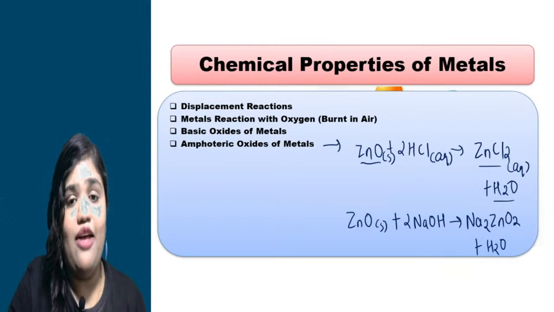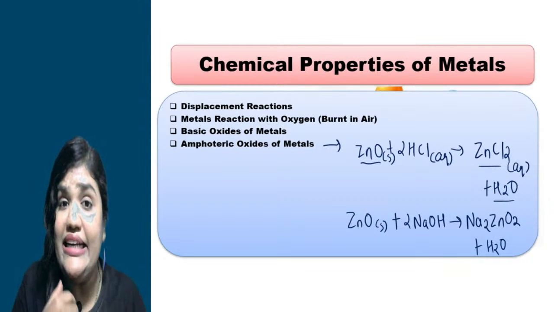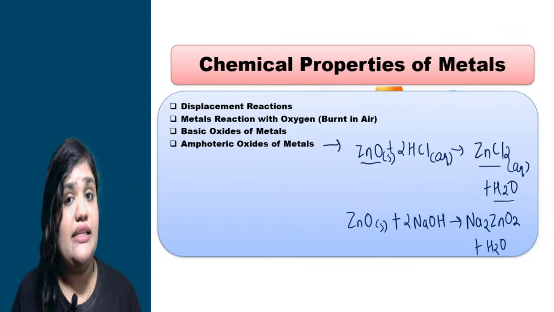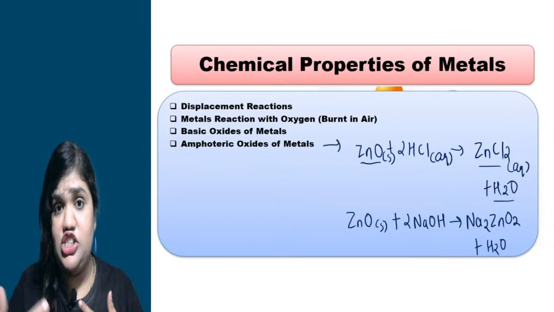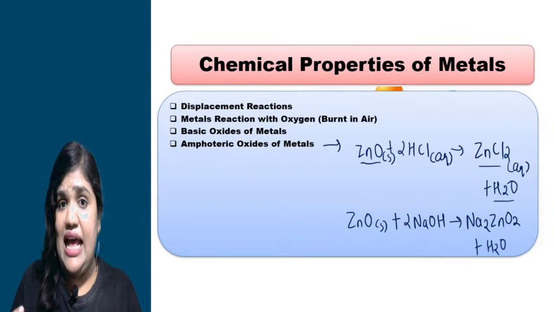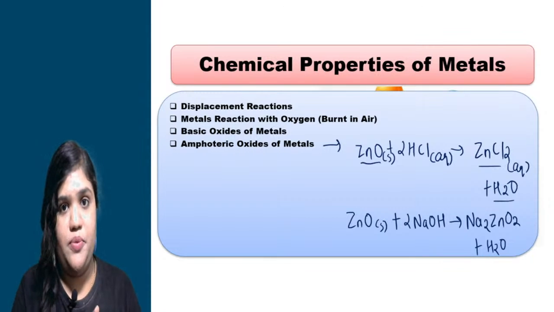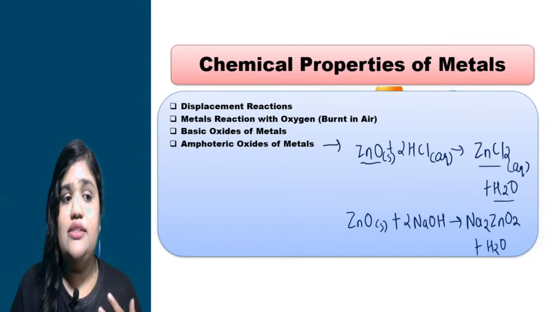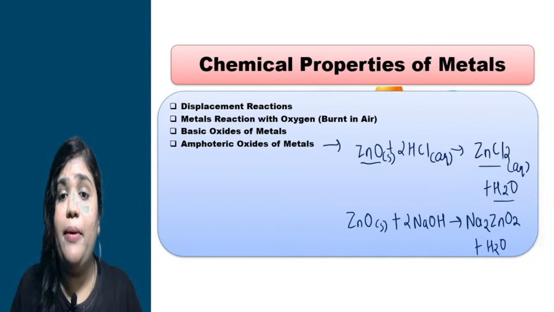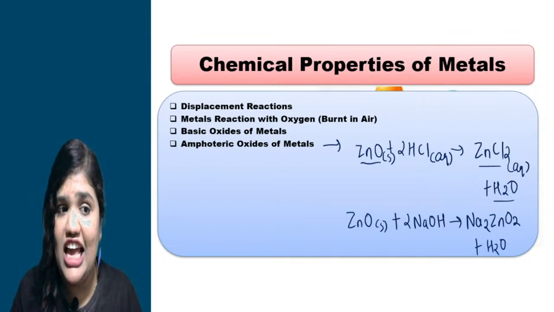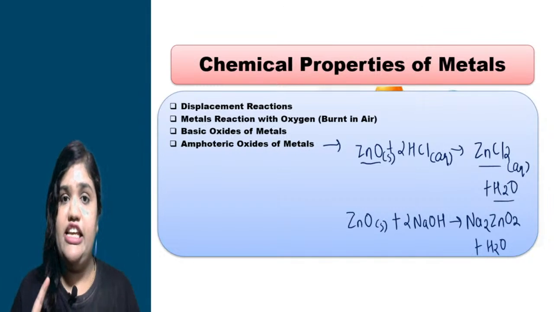So amphoteric oxide means a metal oxide can react with acid as well as base, and in both reactions, whether the reactant is acidic or basic in nature, you will get salt along with water. So these are the chemical properties of metals. We have discussed displacement reactions and the reactions of metals.